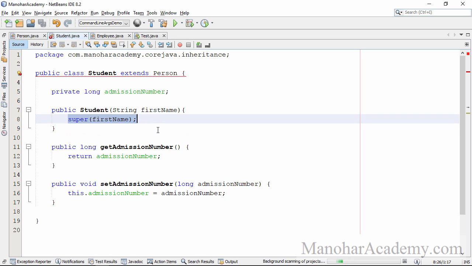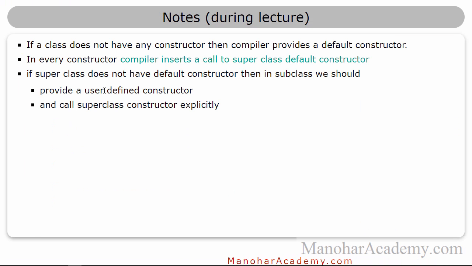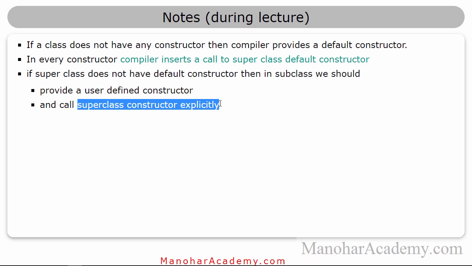If we don't call it explicitly, the compiler is again going to call the superclass default constructor, and we are going to get a compilation error. That is the reason we should provide a constructor in the subclass, and at the same time call the superclass constructor explicitly on the first line.